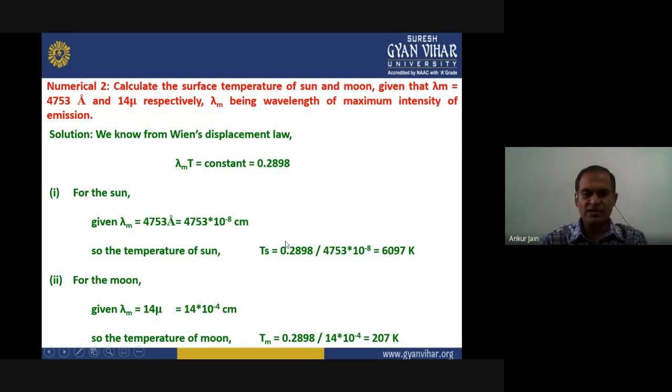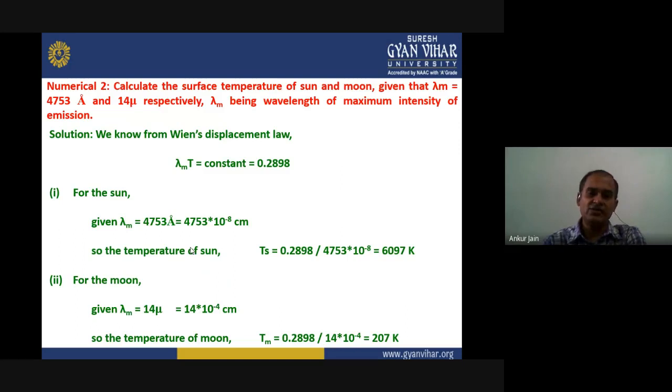When we solve this, we get the final answer as 6097 Kelvin, right? That temperature is quite similar to what is assumed as the normal temperature for the sun. We always assume the temperature of the sun to be 6000 Kelvin.